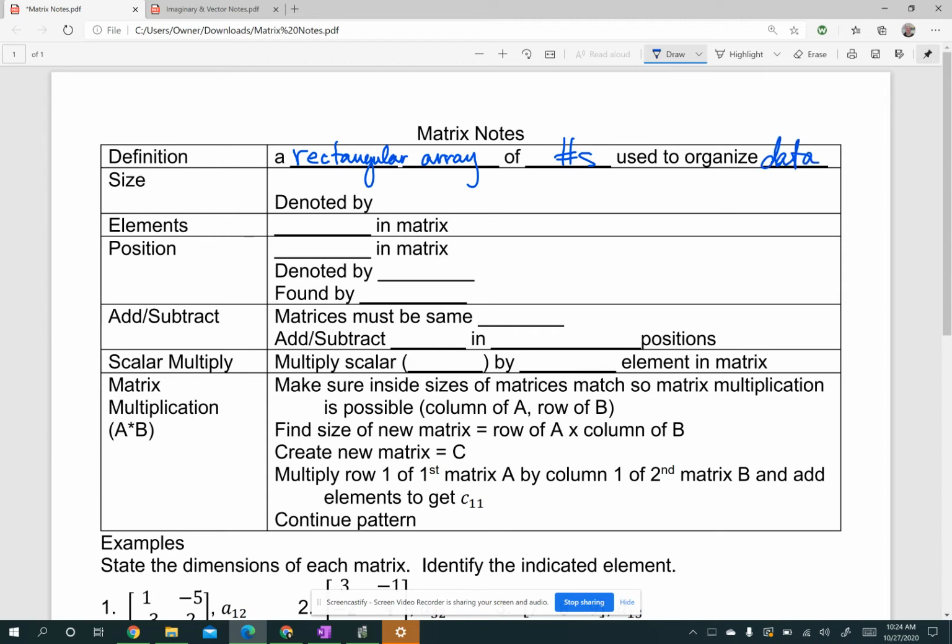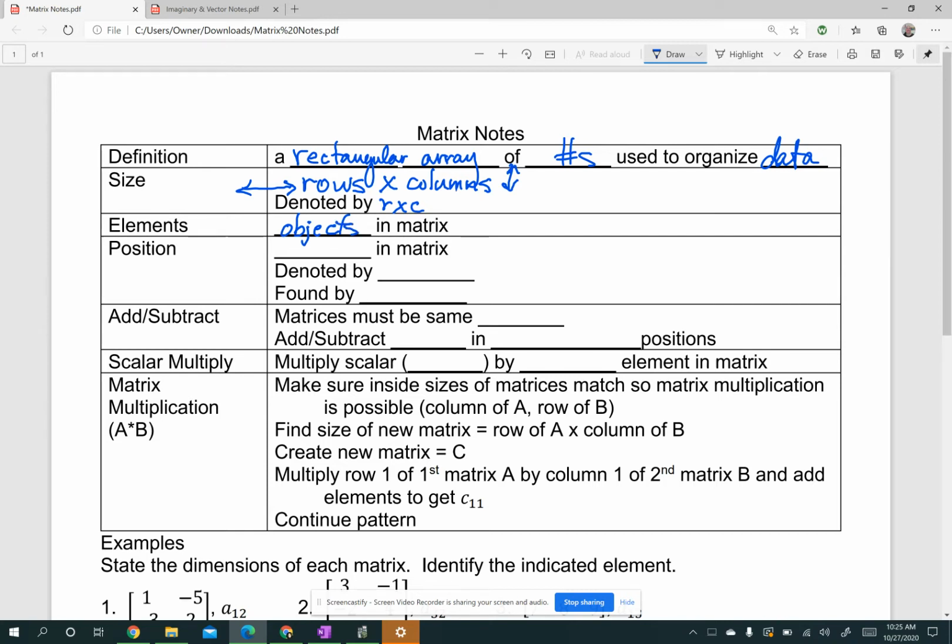The size is, you do rows by columns, and rows go this way and columns go this way. And it's denoted by R by C. Elements are objects in the matrix.